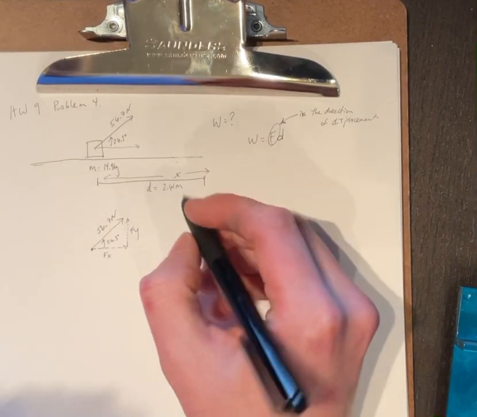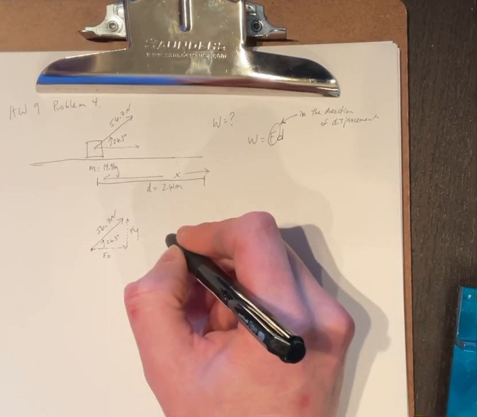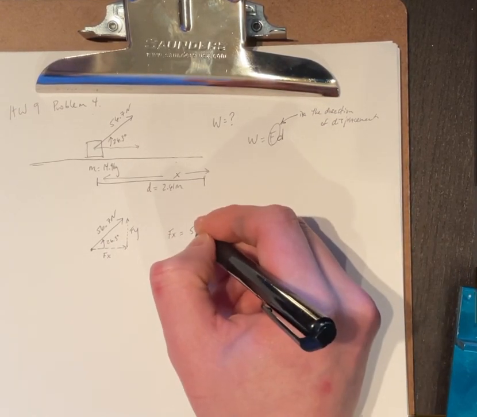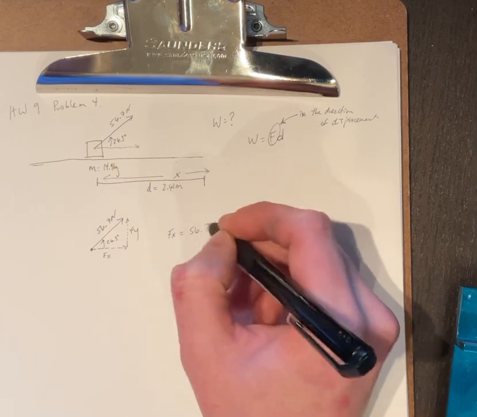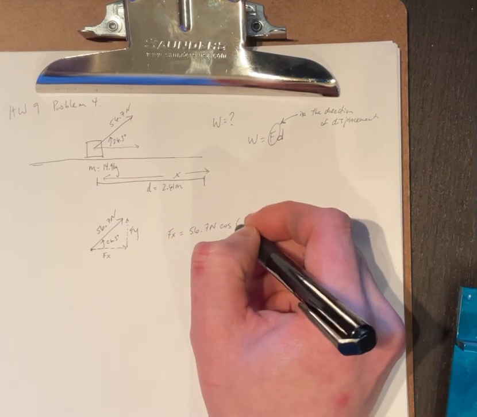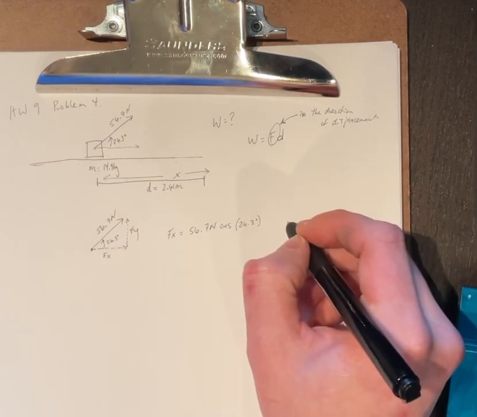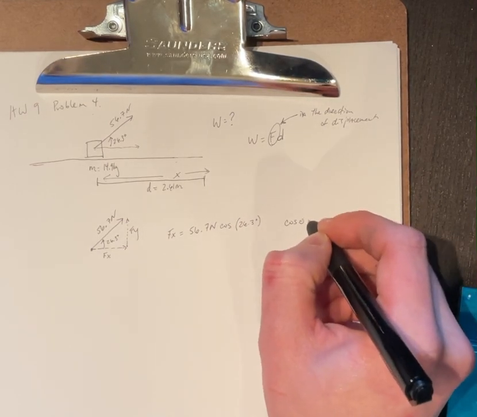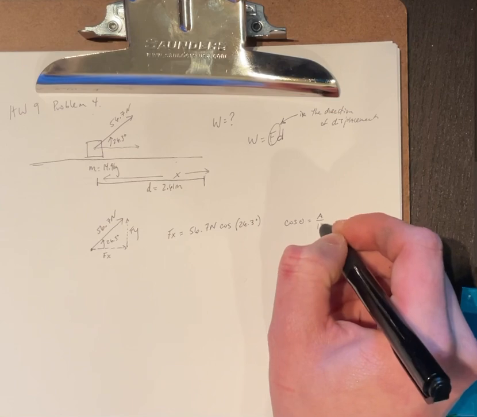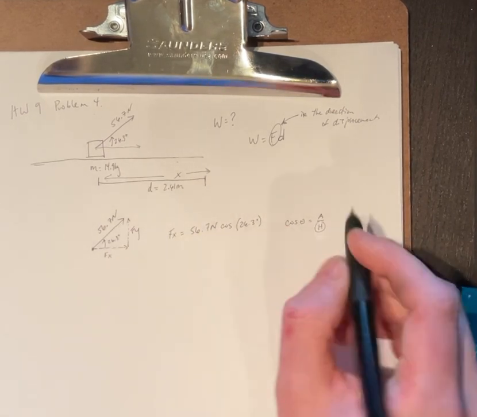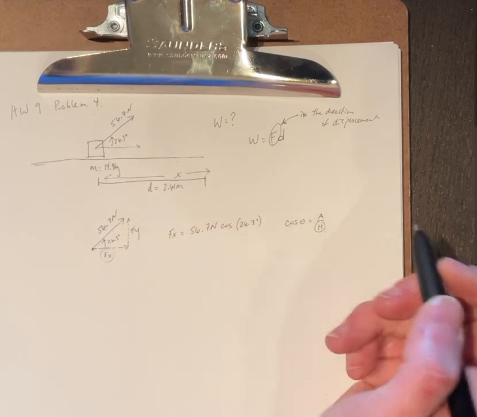So the way you solve this, F of x is just going to be 56.7 newtons times the cosine of theta, which is 26.3 degrees. The way I solve that is to say cosine theta is equal to adjacent over hypotenuse. Our hypotenuse here is 56.7. The adjacent is what we're looking for.